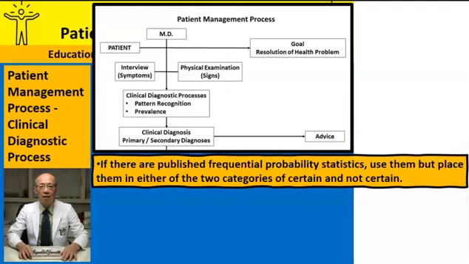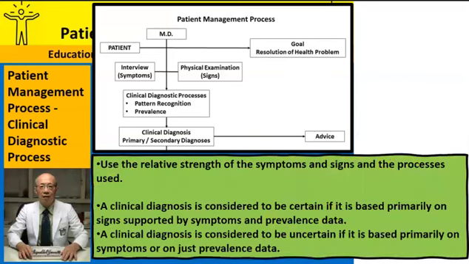If there are published frequential probability statistics in the literature, use them but place them in either of the two categories of certain and not certain. Use the relative strength of the symptoms and signs and the processes used.